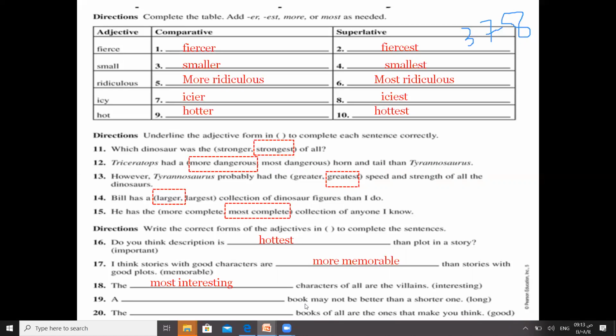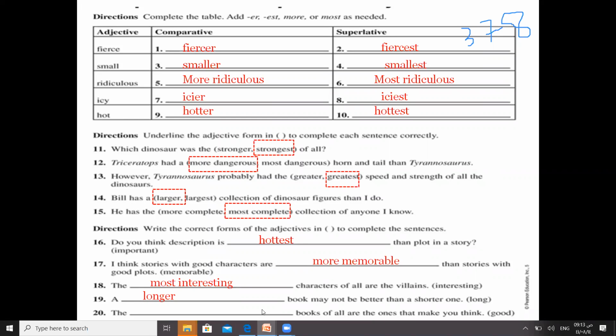Longer. A long book may not be better than a shorter one. A longer book. I'm comparing between two books. Now, the good books are the ones that make you think.